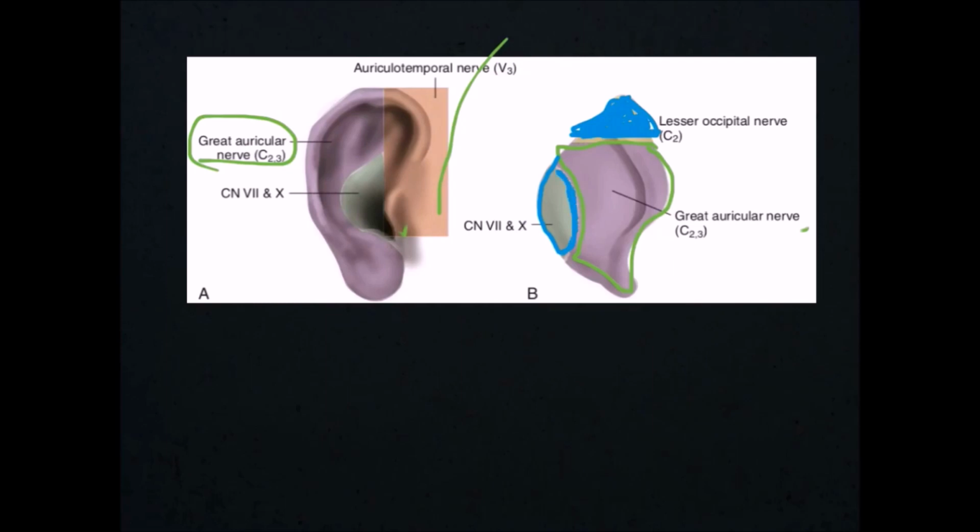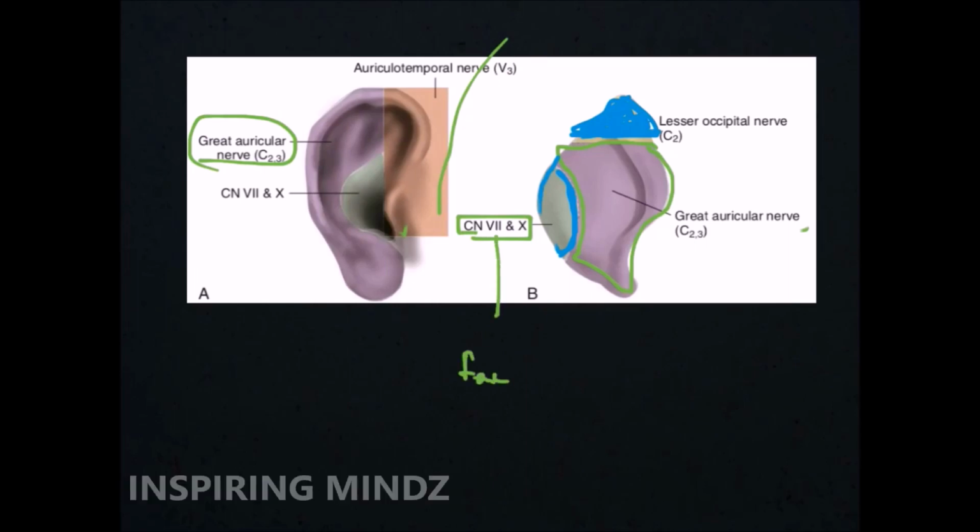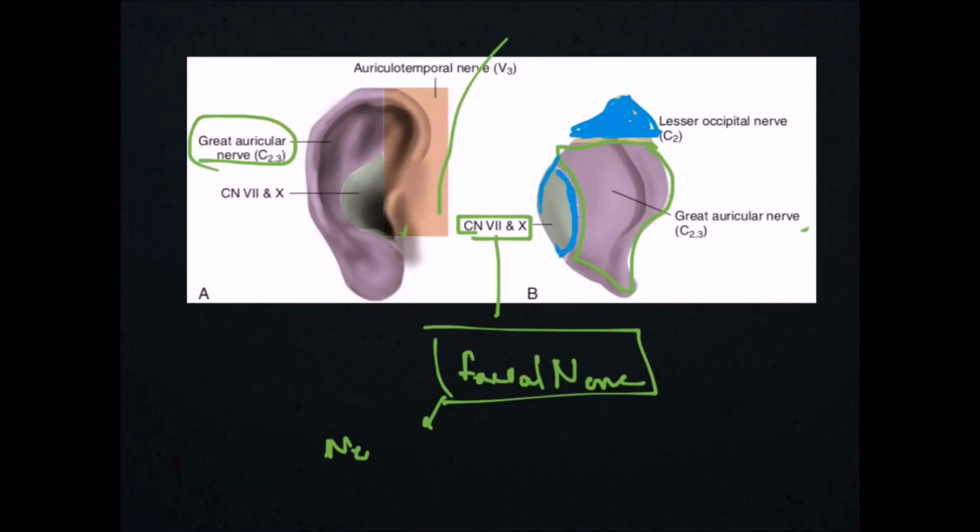is supplied by the 7th nerve and the 10th nerve. So what is cranial nerve 7? That is the facial nerve. The facial nerve gives a sensory branch known as the nerve of Risberg, which supplies the retroauricular region of the pinna and the posterior part of the external auditory canal.